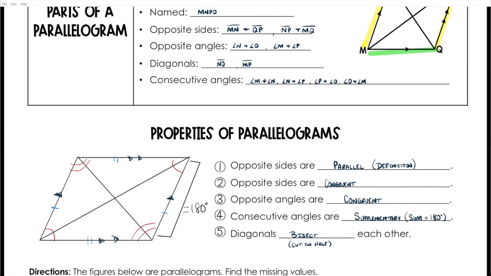And then the final rule we have for our parallelograms is that the diagonals, the lines that connect opposite vertices, our diagonals actually bisect each other. The diagonals themselves are not congruent, but the pieces of our diagonal, so this piece would be congruent to the other side.